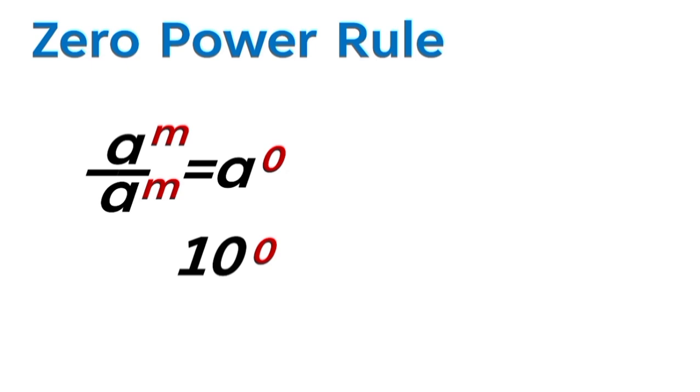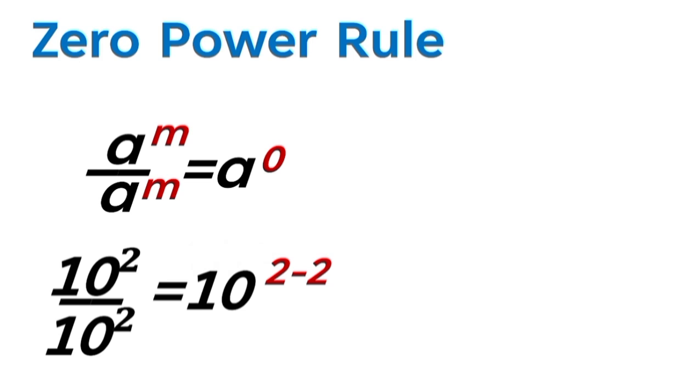Another example is 10 to the power 0, which can come from 10 to the power 2, or squared, divided by 10 to the power 2, which is equal to 10 to the power 2 minus 2, or 10 to the power 0.